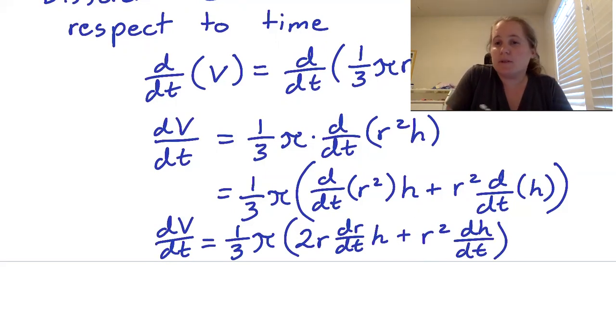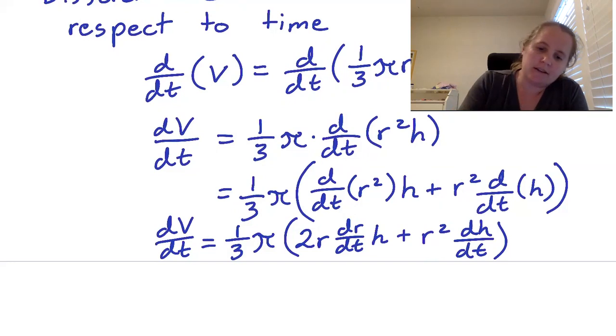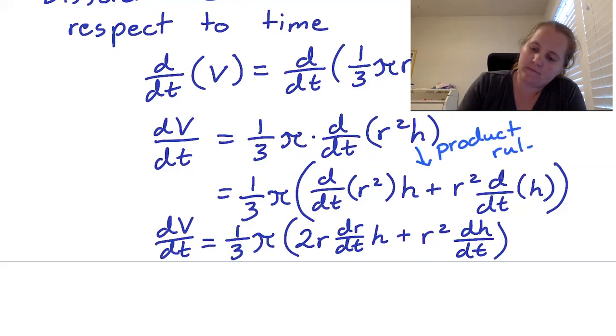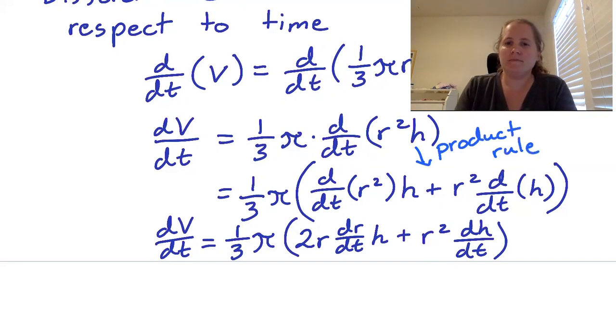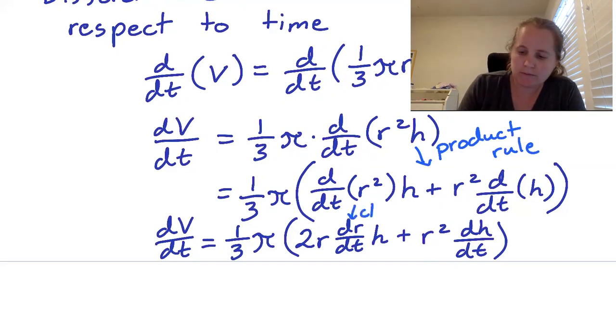Again, we have to do implicit differentiation. That r squared, we differentiated with respect to r first. Power rule says it's 2r. And chain rule said we multiplied by dr/dt. So from here to here, we used the product rule. And then from here to here, we're using implicit differentiation or the chain rule.